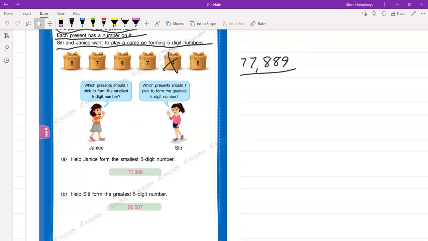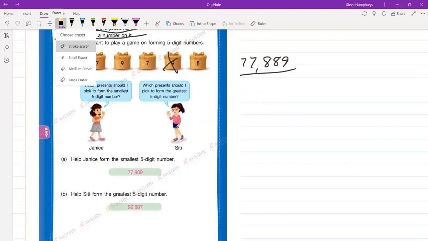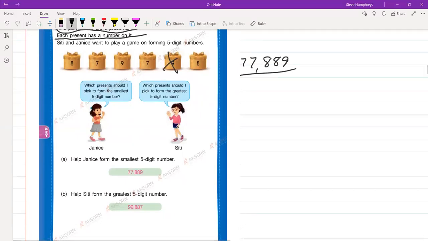Let's try again. Erase it. Okay, never mind. Right, let's get the pen.